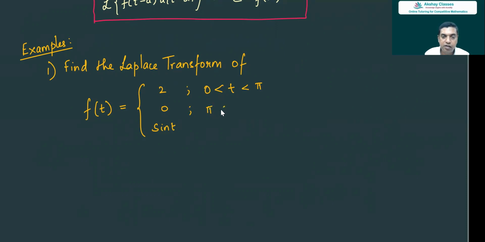It is 0 for t lying between pi and 2 pi. And this is sine t for t greater than 2 pi.